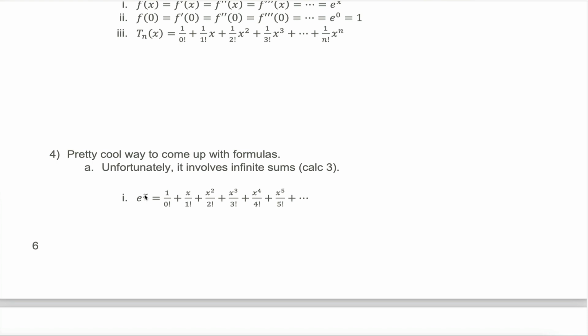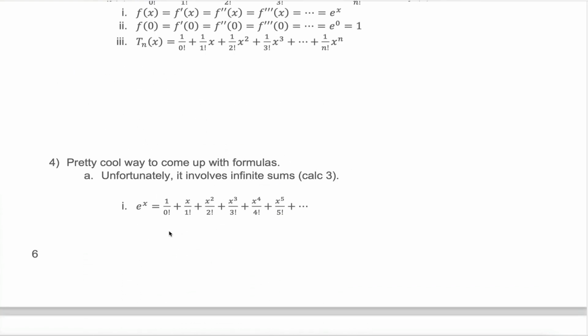E raised up to any power, whatever x is, is always equal to this infinite expression. So if we change all the x's in this expression into 1s, for example, I would get that e to the first power is equal to 1 over 0 factorial plus 1 over 1 factorial plus 1 squared, or 1 over 2 factorial plus 1 cubed, or 1 over 3 factorial, and so on.